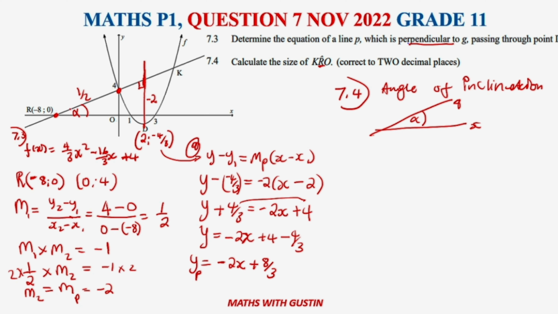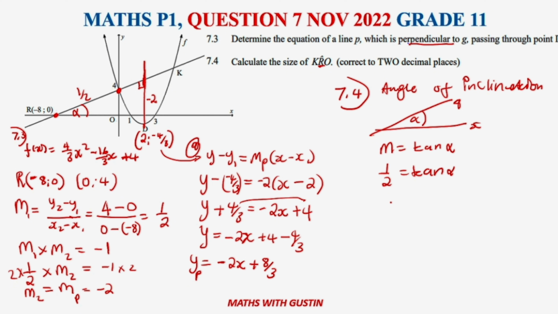Now, if we know the gradient here, remember that relationship in analytical geometry: the gradient is equal to tan of the angle of inclination. We know the gradient of G is equal to half. Therefore, we just have to find this angle of inclination.